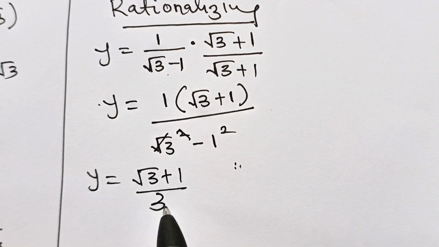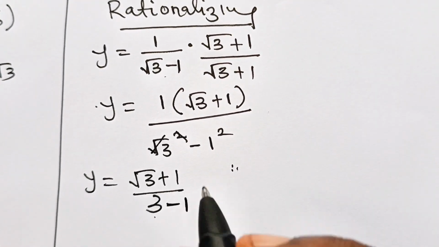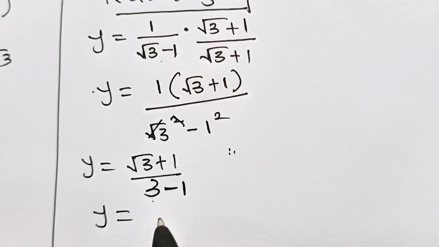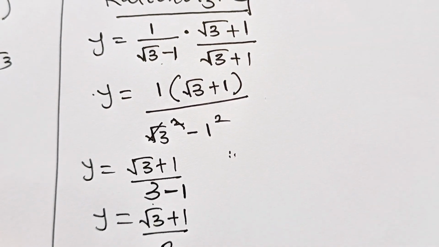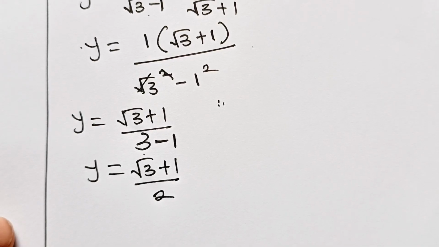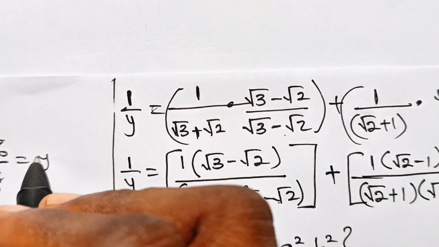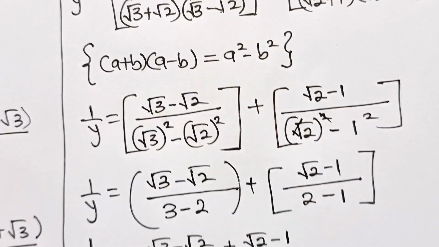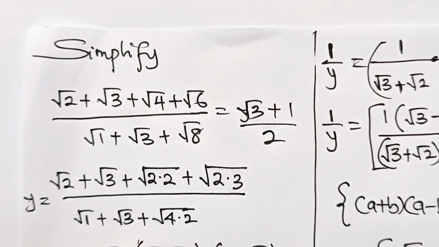Then root 3 squared is 3, minus 1 squared is 1. So it means that y is root 3 plus 1 divided by 2. Okay? So it simply means that if you simplify this, you are going to get root 3 plus 1 divided by 2. And this is the answer.